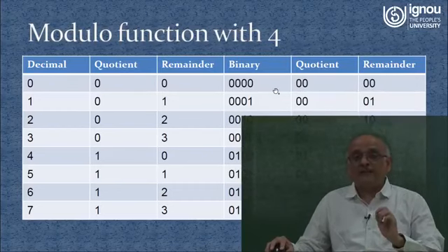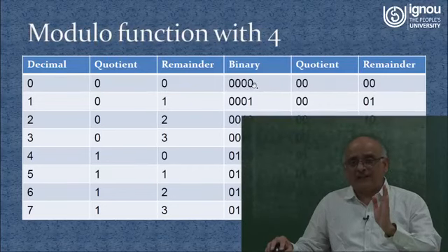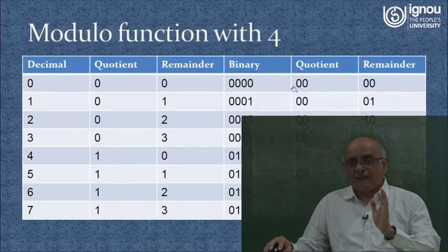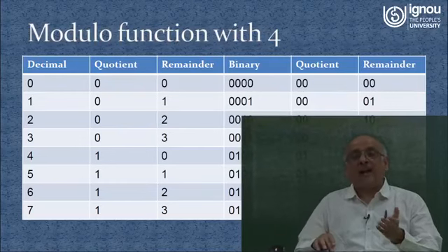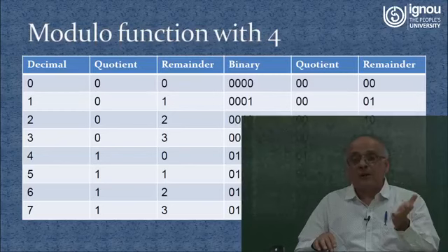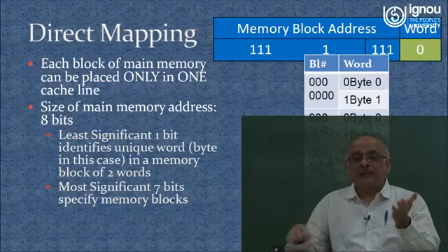The important point I am trying to tell you here is how the main memory address can be divided into the cache address. The cache address is going to be this only, but the tag number of the cache identifies which team presently has access to that particular location. And that is the whole philosophy of the direct mapping cache.